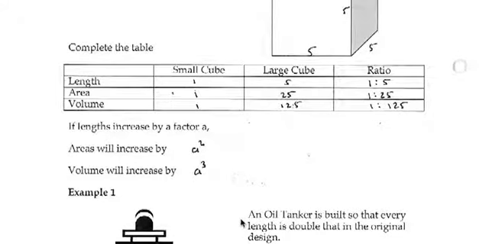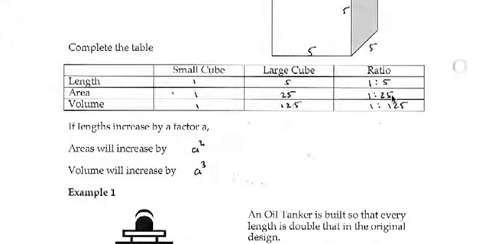Now this explains a lot of things that go on in business and marketing and in the everyday world, even in the size and height of human beings and sports science and PE. For example, if we had an oil tanker so that we made the new oil tanker twice as long, twice as high, twice as wide as the original one, so all the lengths have been multiplied by 2.